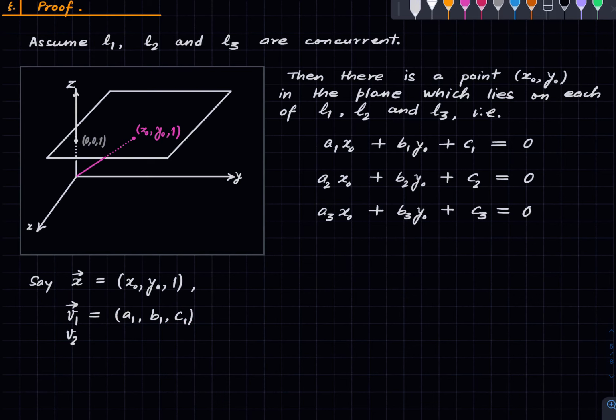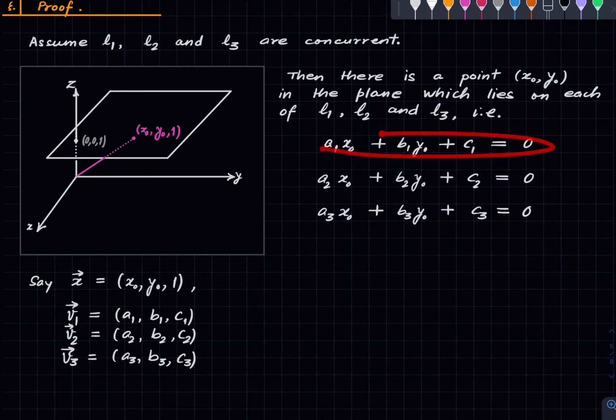Similarly, we have v2 and we have v3. Okay, we have these 3 vectors, and in the vector language, the first equation reads what? It just reads that the dot product of v1 and x is 0.